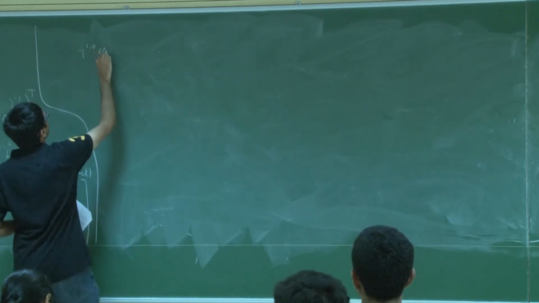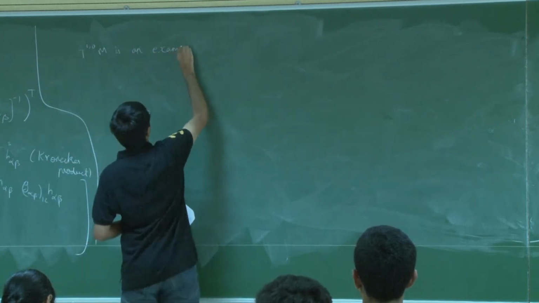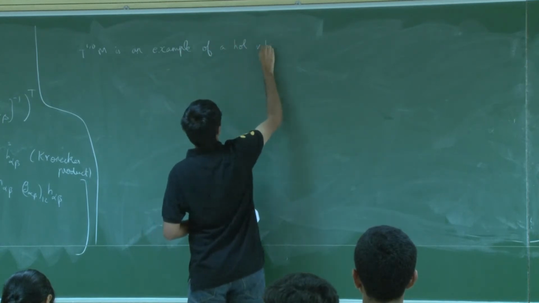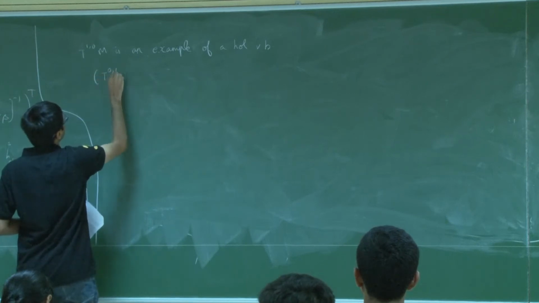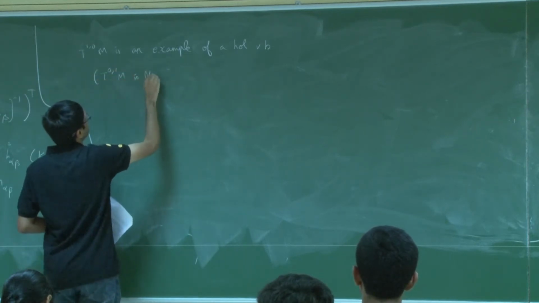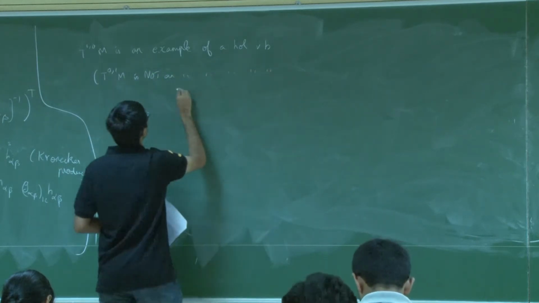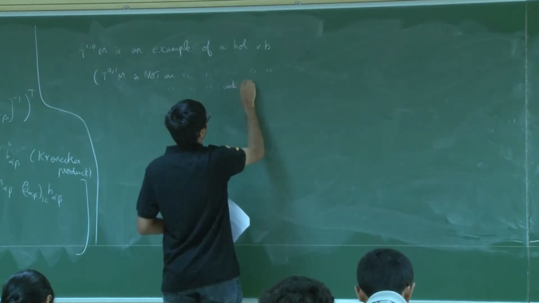T10 of M is an example of a holomorphic vector bundle. T01 is not an example of a holomorphic vector bundle. If you wish, it is an example of an anti-holomorphic one, whatever that is.